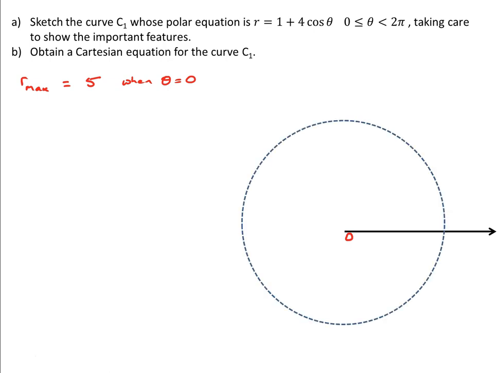Now that tells me straight away that the whole curve must be inside a circle of radius 5, and what's more, that the point whose radius is 5 and whose angle is 0, which lies on the circle, is also on our curve.